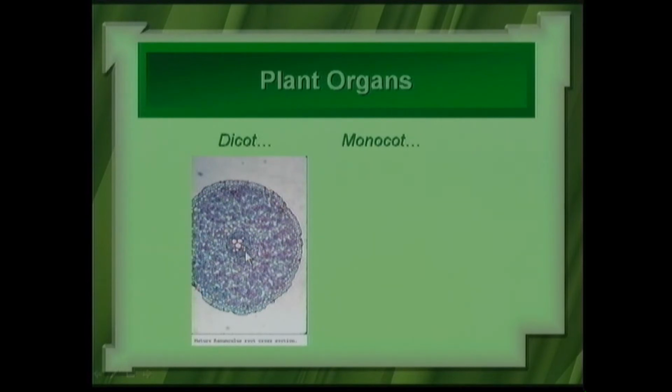Oftentimes they do form this kind of cross-shaped structure. Sometimes they would have only 3 arms, and sometimes you only have 2. But generally the xylem is the innermost part. Then this area where the greenish stained cells are, these are phloem cells, including the sieve tube members and the companion cells. So this is a typical cross-section of a dicot root.